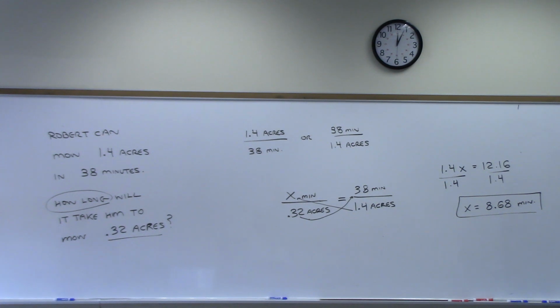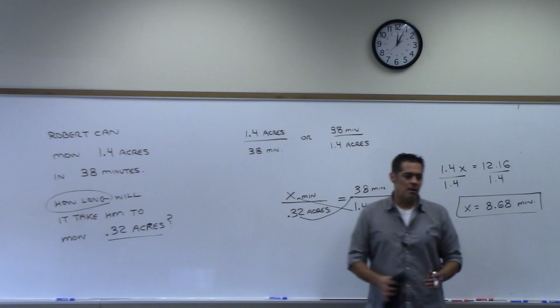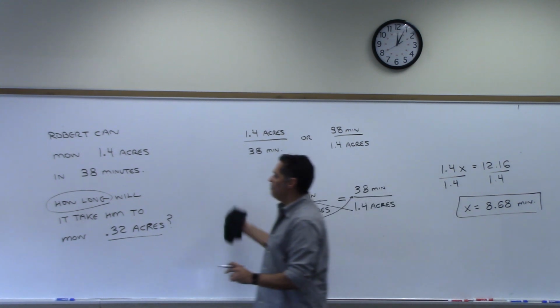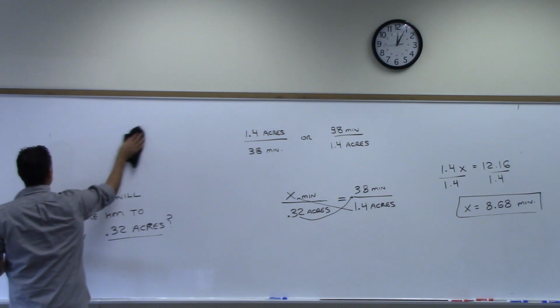Okay, yeah? Can I move on to the last type? Okay, the last type has to do with converting units. So I would like for everyone here to be able to do something like this.